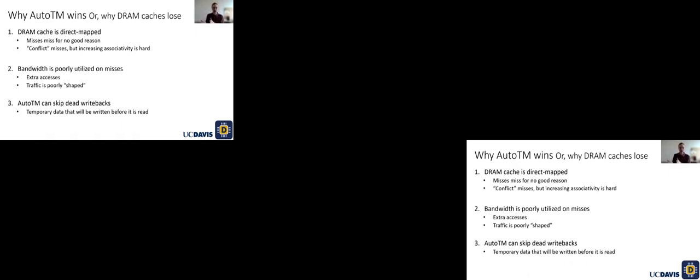Now, to the cache, those activations are dirty data, so it has to write them back from DRAM to persistent memory. But AutoTM is smart enough to say, oh, we're never going to use that data again, so we can just poof it out of existence and not have to do that extra data movement. So by using software, we can save data movement as well as do it more efficiently.